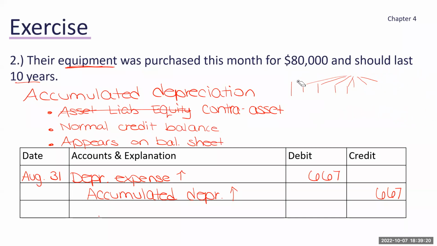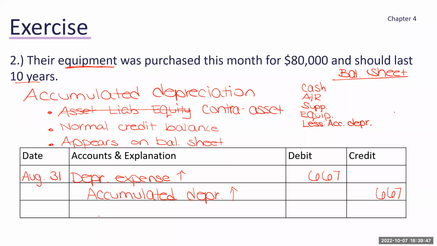So let me show you what it's going to look like on the balance sheet. If you were looking at the company's balance sheet, you would have your normal assets, cash, AR, supplies, the ones you were used to seeing in chapter 2. Now you're going to have equipment, and then right after equipment, you're going to have this new account, less accumulated depreciation.